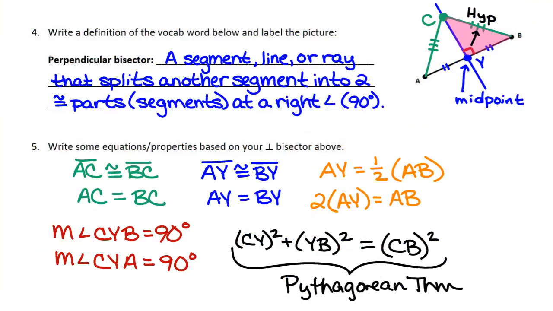There's my Pythagorean theorem. I could do that about the other side too. I could say that CY squared plus AY squared equals CA squared. Anytime I have a right triangle, I can take the two sides that are not the hypotenuse, the two sides that are not opposite the right angle, square them and add them together, and that will give me the length of the hypotenuse squared.